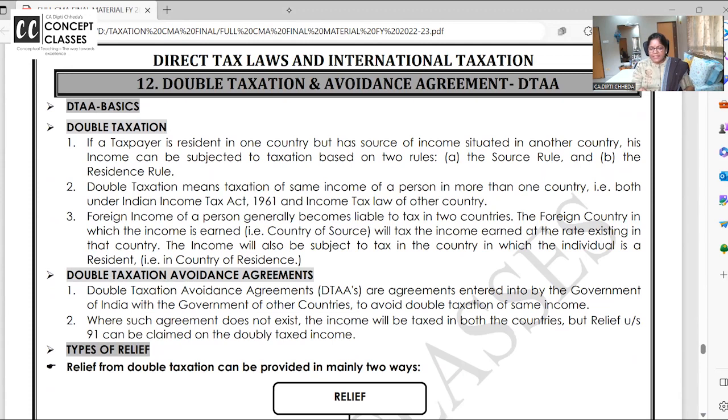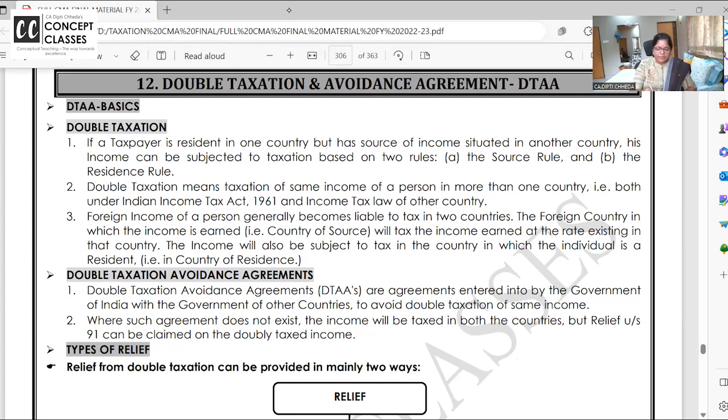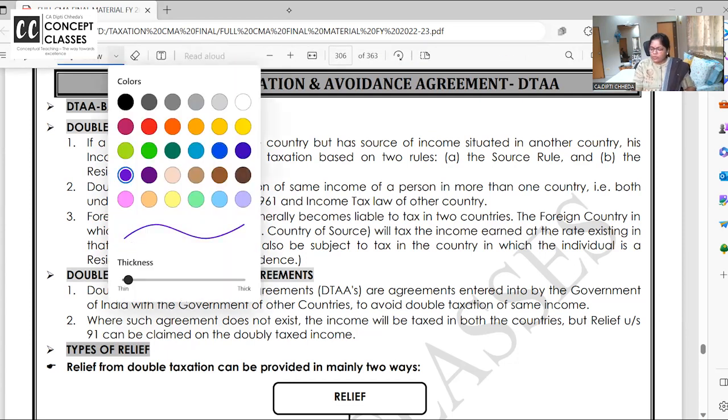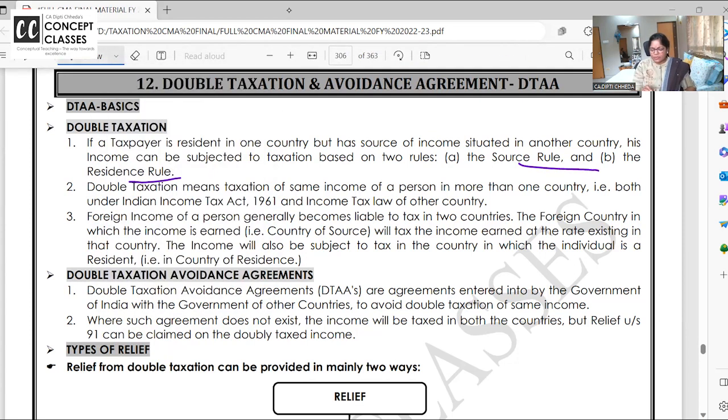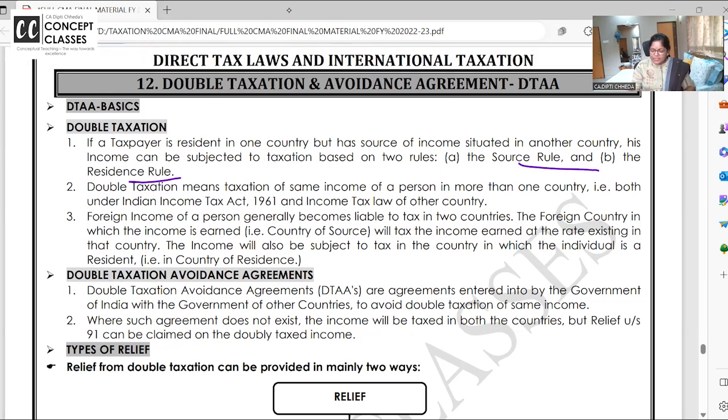If a taxpayer is resident in one country but has a source of income situated in another country, his income can be subjected to tax on two rules: source rule and residence rule. Double taxation means taxation of the same income of a person in more than one country, both under the Income Tax Act and the income tax law of other countries.